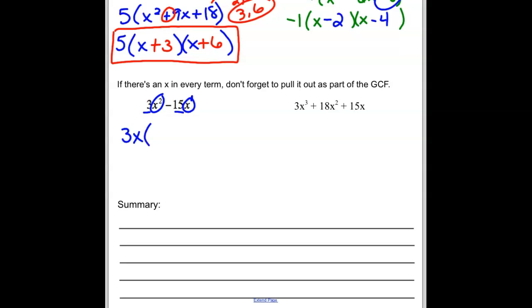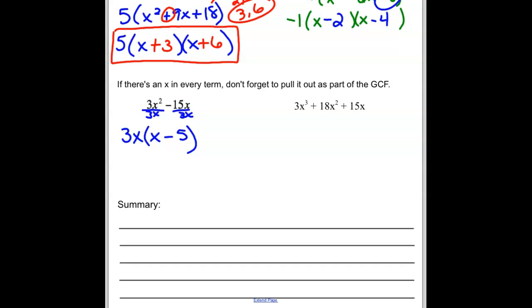What we have left after we do that, think of dividing both of these pieces by a 3x. The first piece just leaves us an x. The second piece leaves us a negative 5. And there's no more x squareds that we need to break apart, so that question is finished.